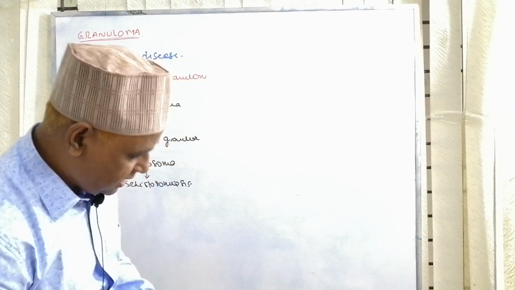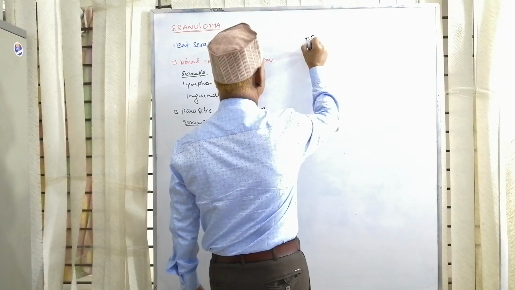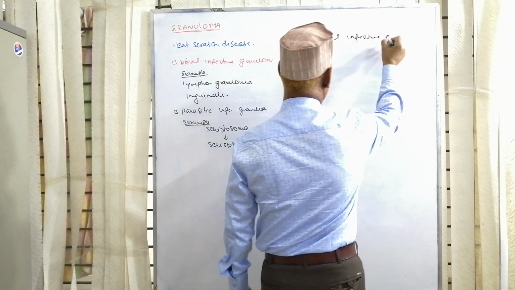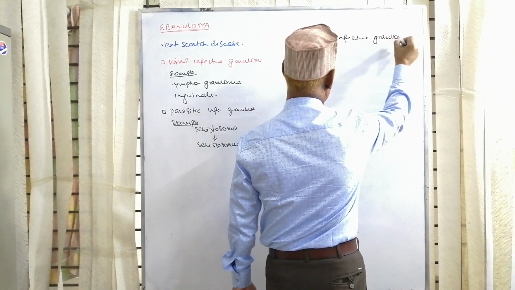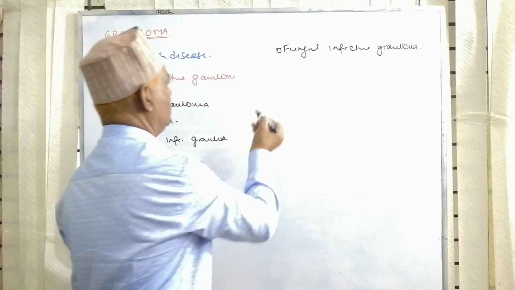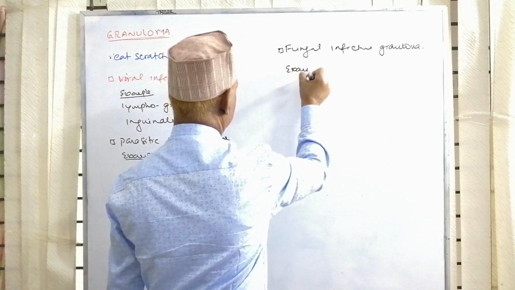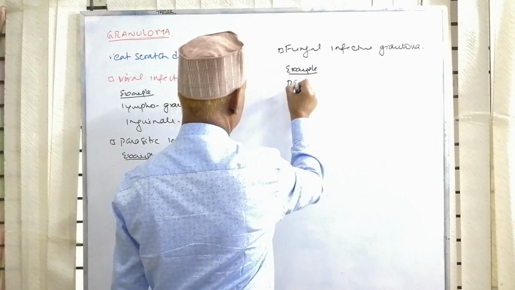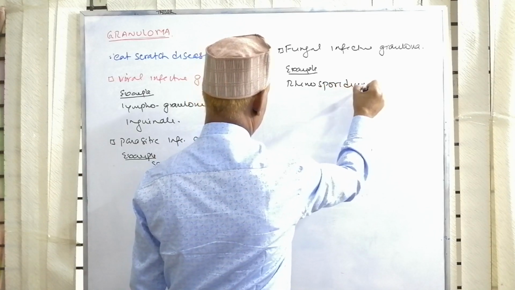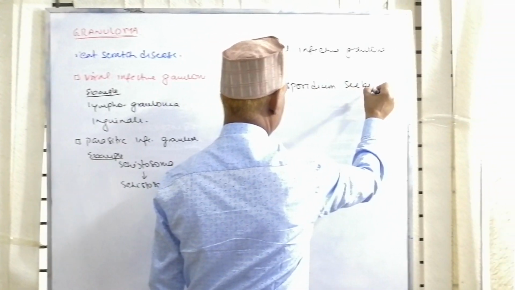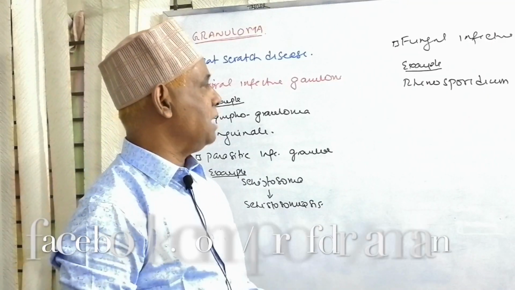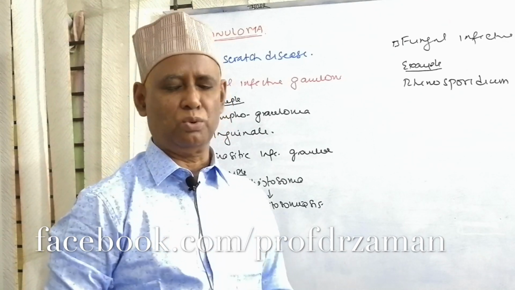Now come to fungal infective granuloma. An example of a fungus that causes granuloma is Rhinosporidium seeberi. Rhinosporidium seeberi infects the upper respiratory tract, nose, nasal mucosa and also conjunctiva.